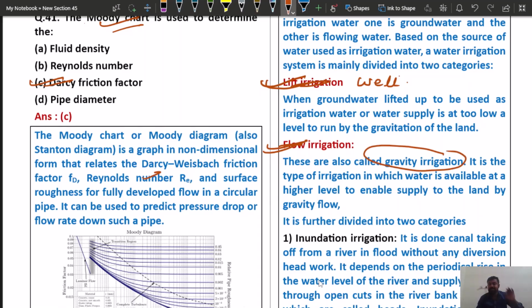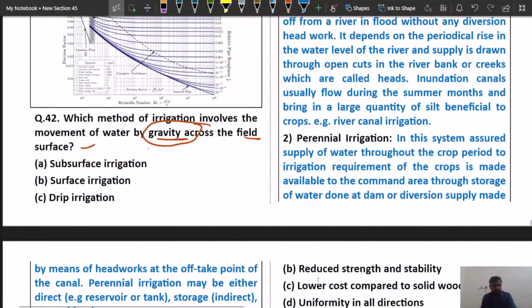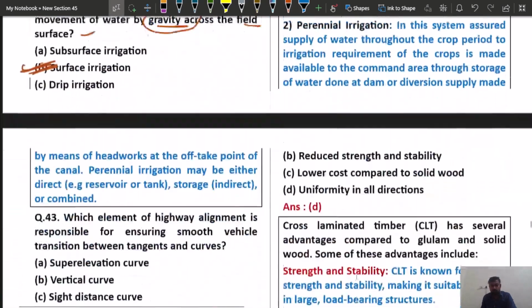In this type of irrigation, the water is available at the higher level and the field is at the lower level, so the water will flow through gravity into the field. So here is the question: which method of irrigation involves the movement of water by gravity? In surface irrigation, movement of water is by gravity in the field. Now proceeding to the next question.